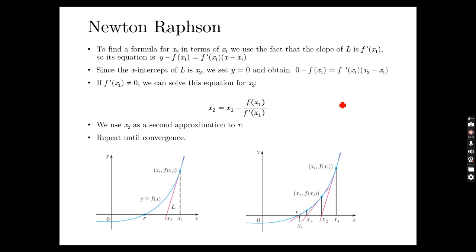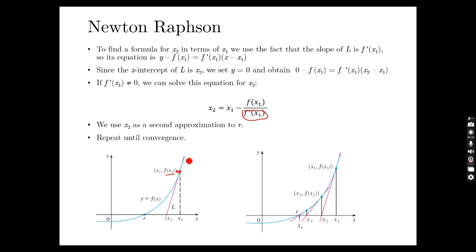What basically is happening is why Newton-Raphson works. If I look at this point over here, I have the value of x1 and I have the value of f(x1) at this point, right? Now f prime of x gives me the slope of this function at this point.